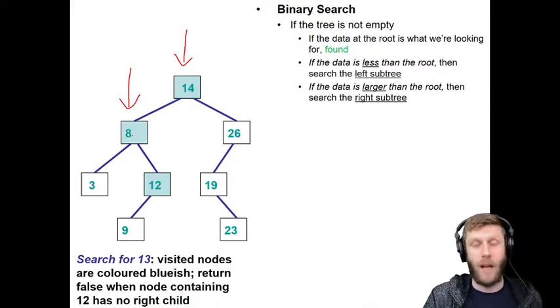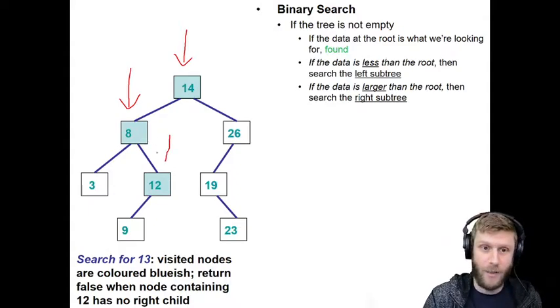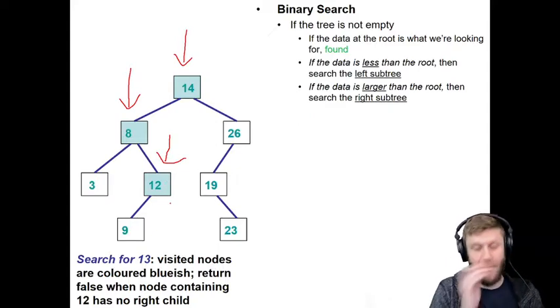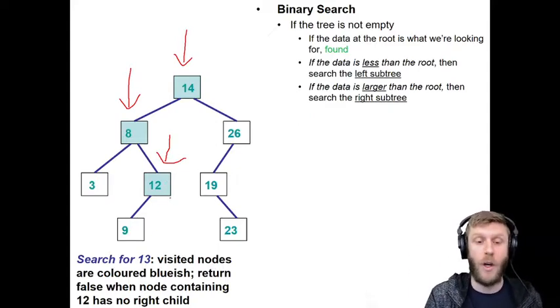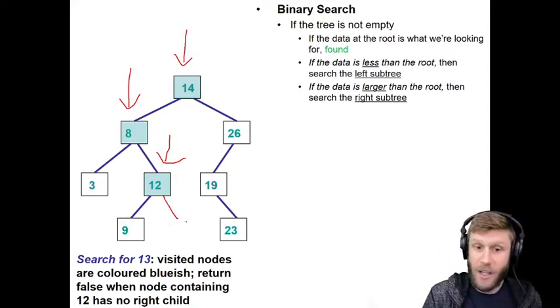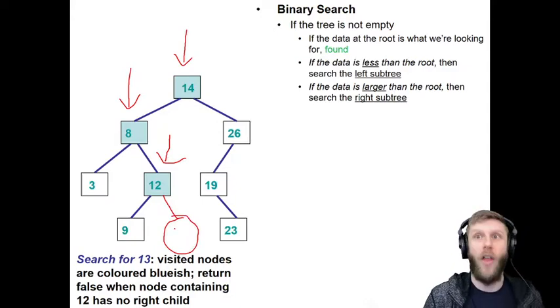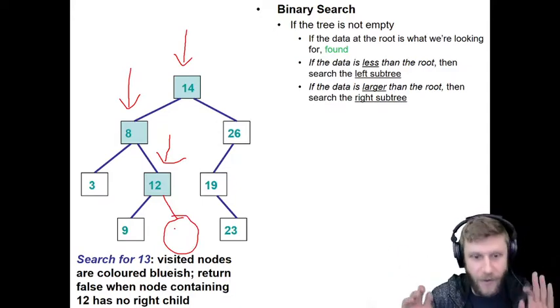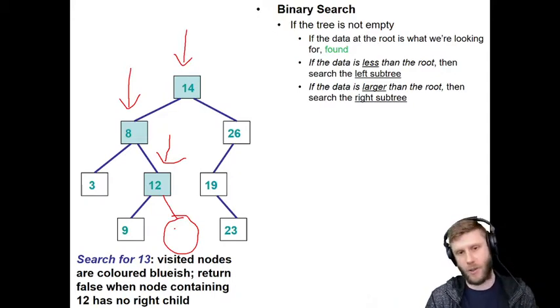Should I go left or right? Well, I know that 13 is bigger than 8, so I should go down to this one. Then I'm looking at a 12, and I'm looking for 13, so I should go to the right. Oh, there's nothing there. And if there's nothing here, 13 can't be in this tree. I can very safely tell you 13's not in this tree if it was built correctly.